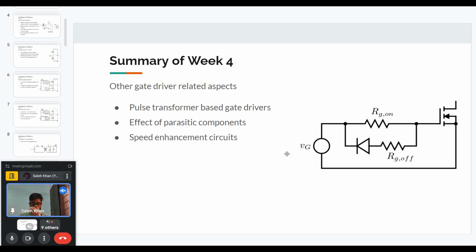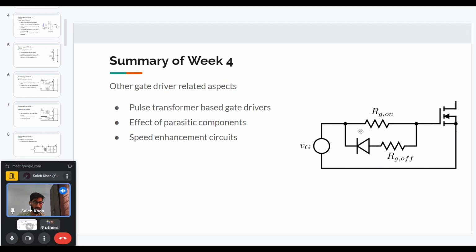Next, we also have some speed enhancement circuits. Just like we saw, the gate drive circuit is an RLC circuit, or if we ignore the L, it is at least an RC circuit. And depending on the value of R, the RC time constant will change.